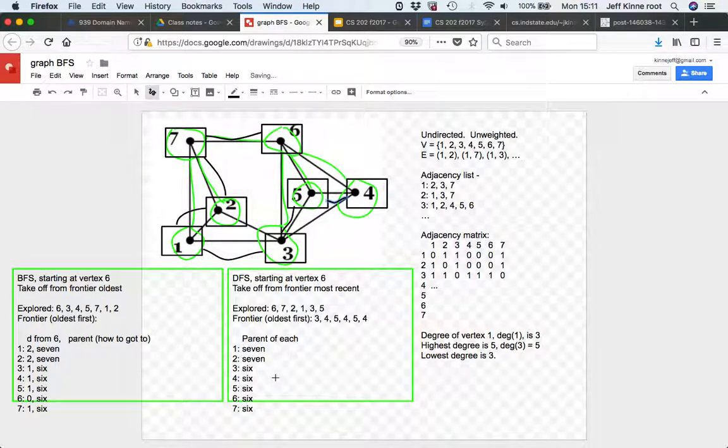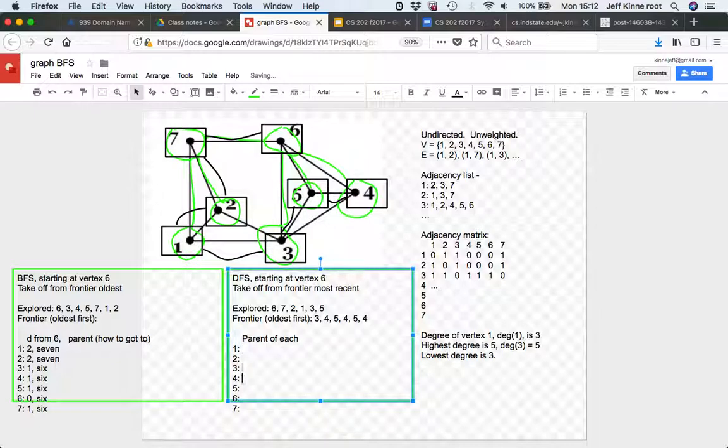All right, and then if we traced through what we actually had there in terms of this route, what did we have? We started at 6. 6 is a parent of itself. When we took 7 off and put it onto the explored list, its parent was 6.